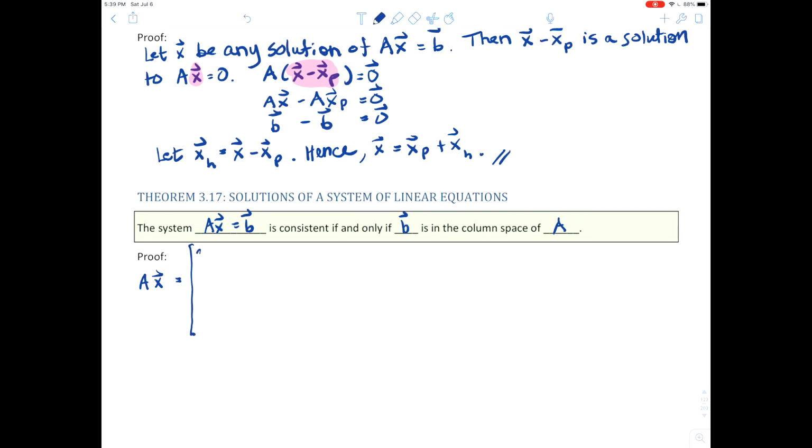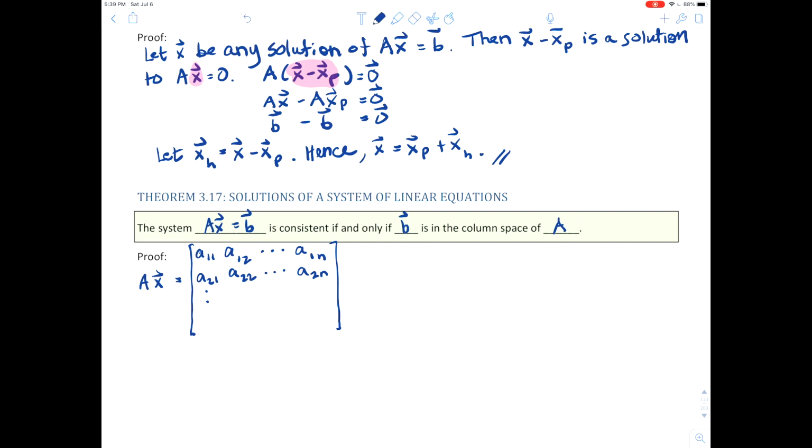So we'd have A11, A12, all the way down to A1N, and then A21, A22, all the way down to A2N.